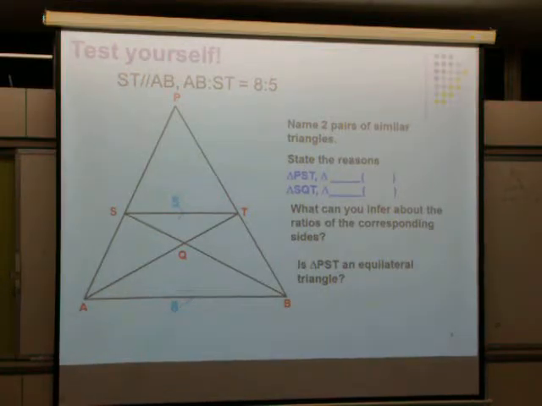Okay, now comes the question. Is PST an equilateral triangle? Can you conclude it's an equilateral triangle? What constitutes an equilateral triangle? All equal. All sides are equal. But can we conclude all sides are equal? Take a look at the ratio up there first.